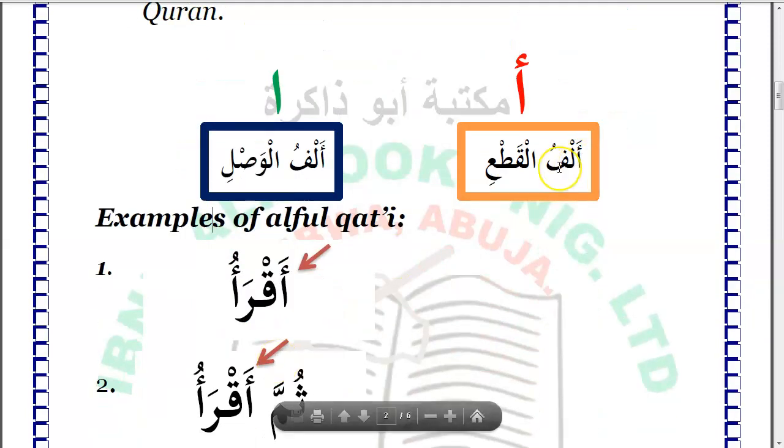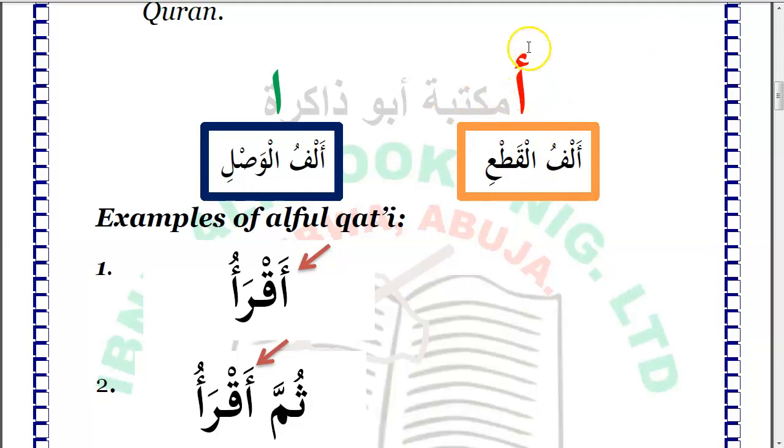Alif al-qati, disjoint alif, is a kind of alif on which there is a small ain written, as we can see. When a small ain is written on the alif, it is called alif al-qati.